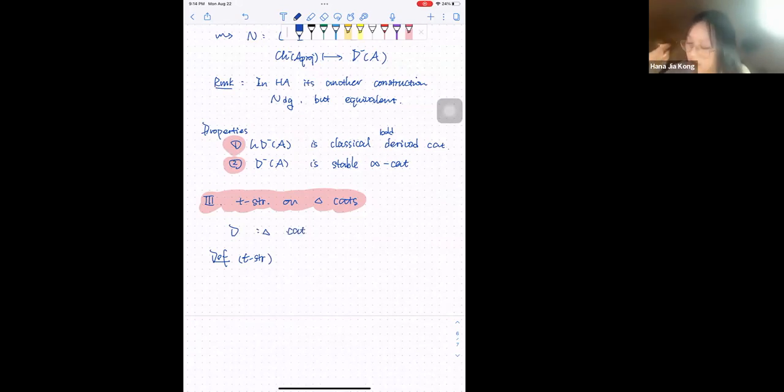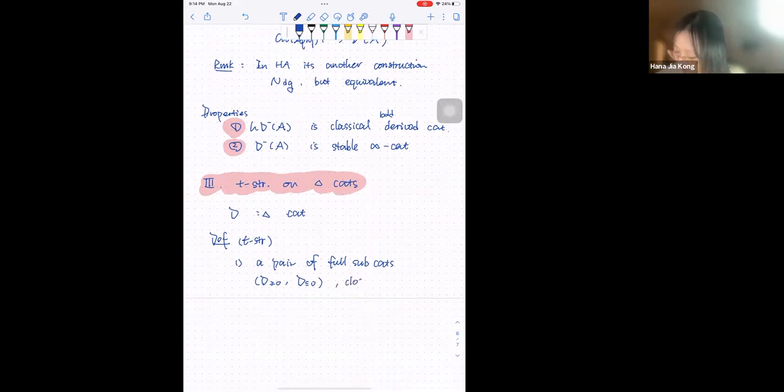A T structure on D consists of a pair of subcategories, D greater or equal to 0 and D smaller or equal to 0, and these are closed under taking isomorphism.